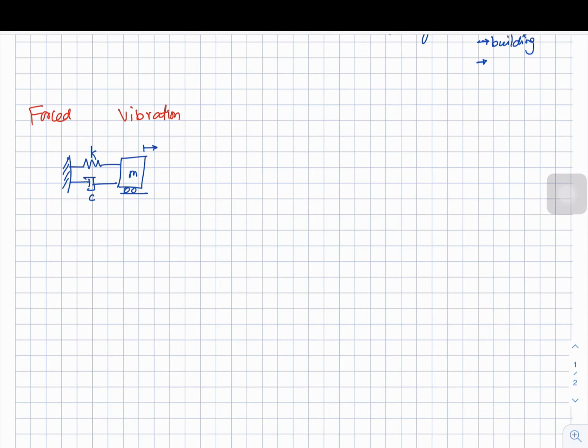We are giving a perturbation of x. In the free body diagram, because of the mass we get m x double dot, kx, and c x dot, and there is a force acting here, capital F of t. This force I am representing like this.